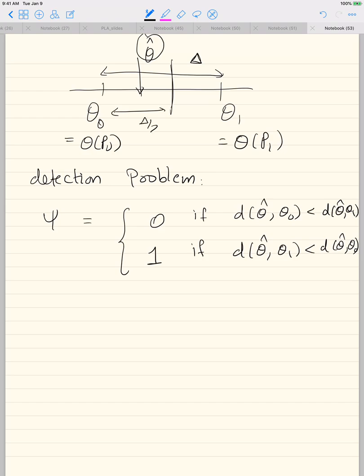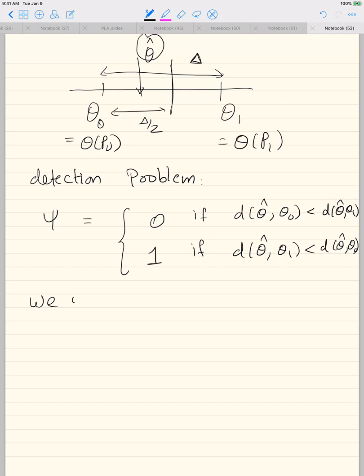This is Δ/2. If θ̂ lies in this part, we will say that ψ is equal to 0, which means P0 is the true distribution. If θ̂ lies here, then we'll say that ψ is 1. So we now have a binary decision whether P0 was the distribution or P1 was the distribution. We have an estimation rule for θ̂, but we convert it into a detection output: ψ is either 0 or 1.